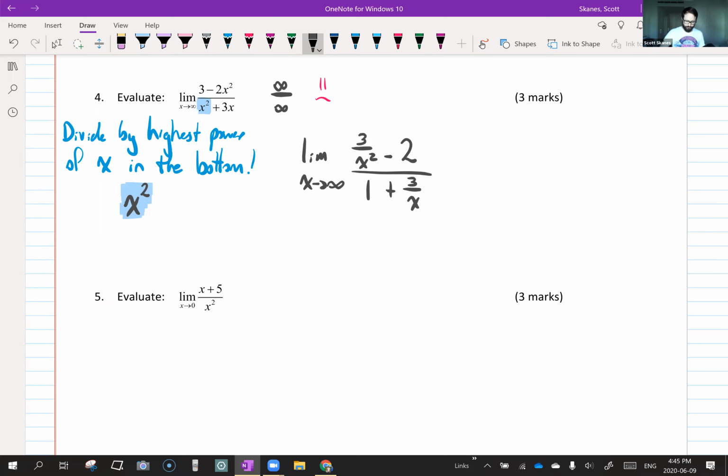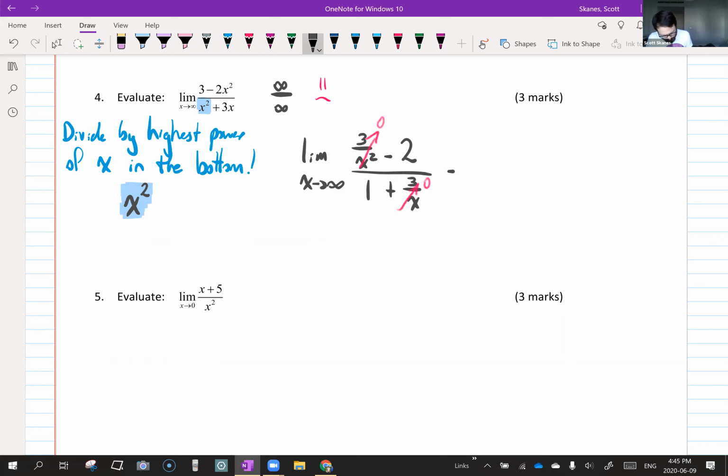Okay. Now all I need to do is do direct substitution. And what's going to happen is if I take this infinity and I put it in for this x and this x, it's going to be a number divided by the biggest number in the universe. So both of these numbers go to 0.